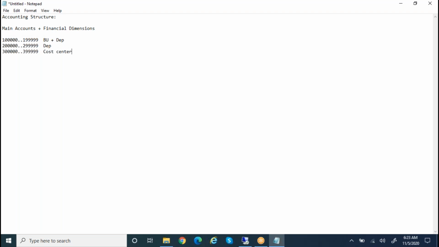I can create cost center, and for 4002 5999 I want to map business unit plus item group. I want business unit, otherwise department plus cost center.